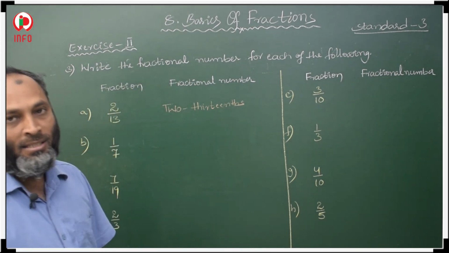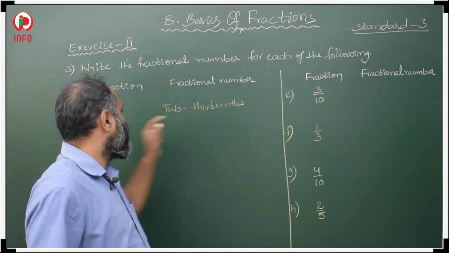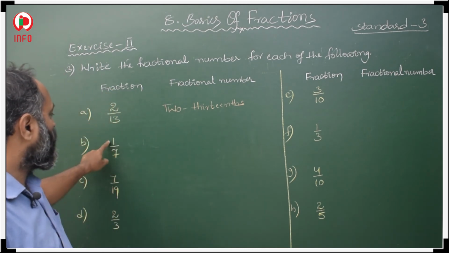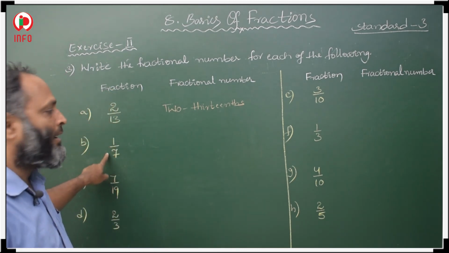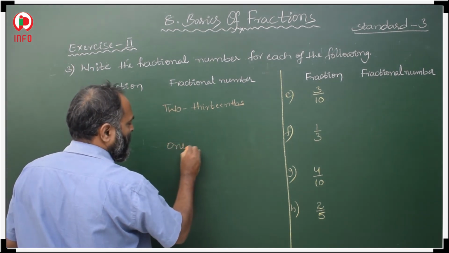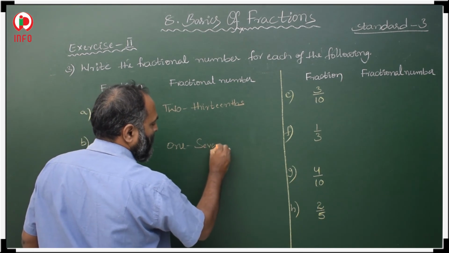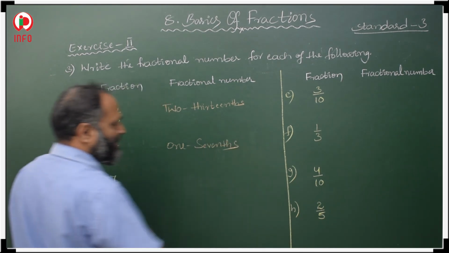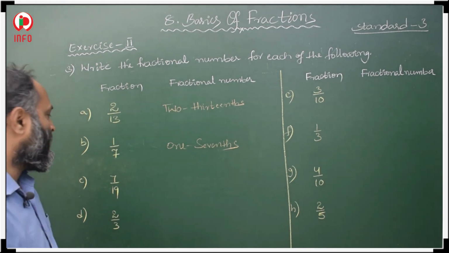We have to write TH at the end. Here 1 by 7 means 1 seventh. We write THS at the last.